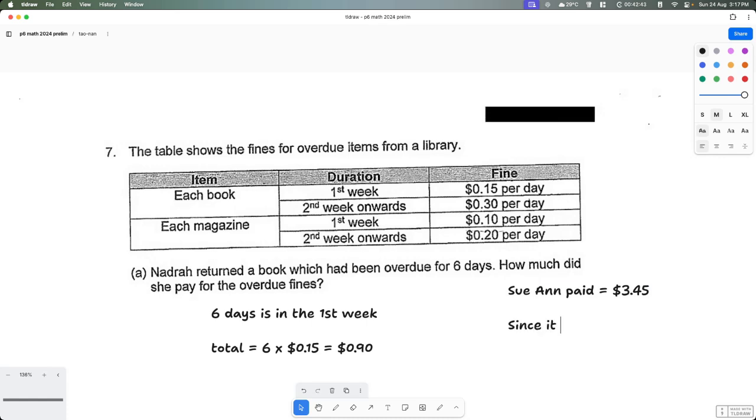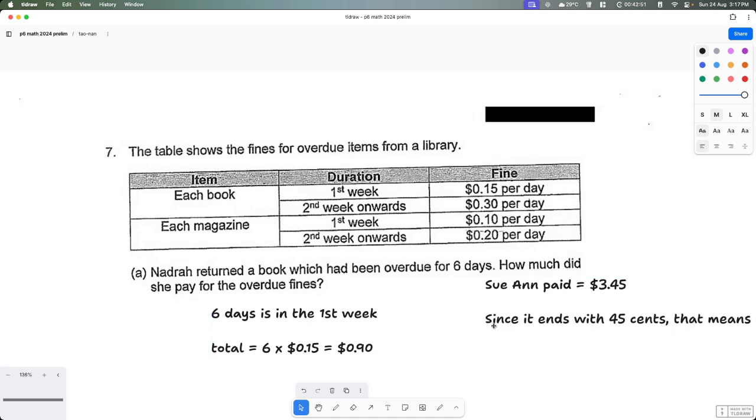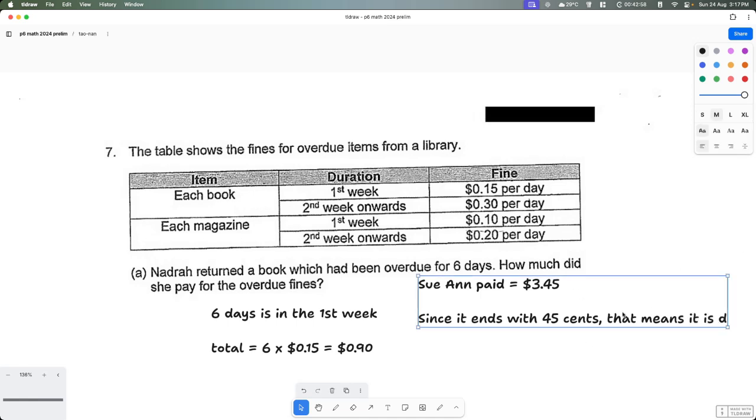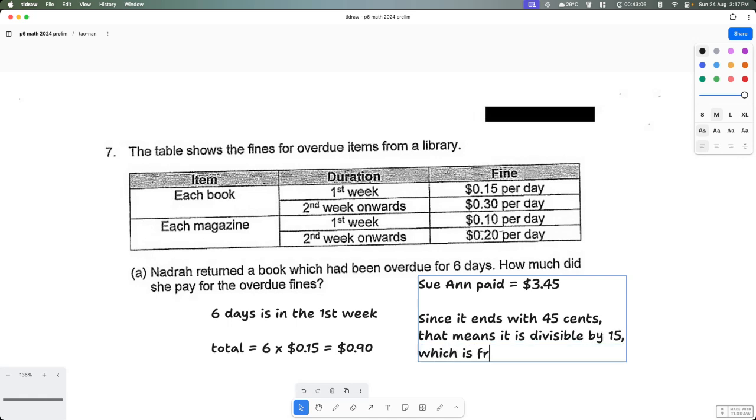Since it ends with 45 cents, it should be a book, because it is divisible by 15 cents, which is a book.